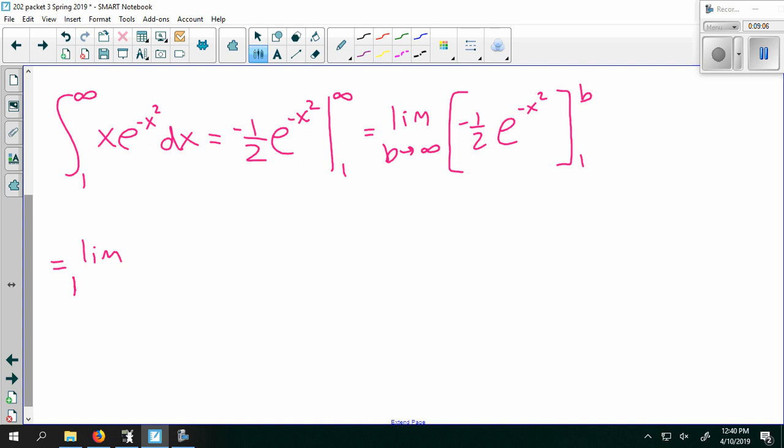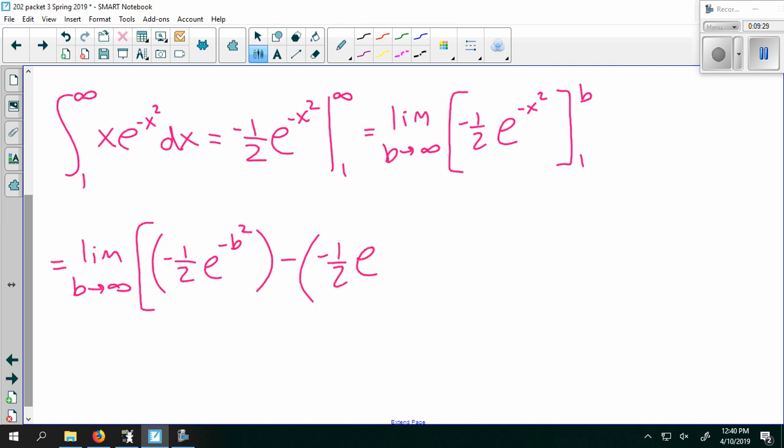So this is the limit as b goes to infinity. First, I'm going to plug b into my antiderivative. So I get negative 1/2 e to the negative b squared. And then I'm going to plug a 1 into my antiderivative for x. So I have negative 1/2 e to the negative 1.